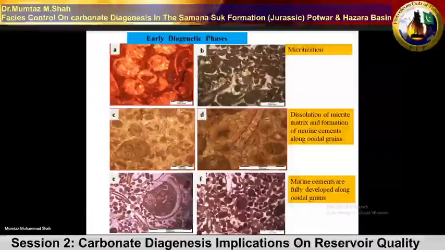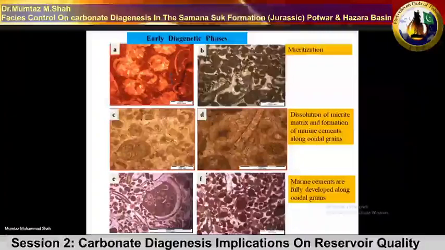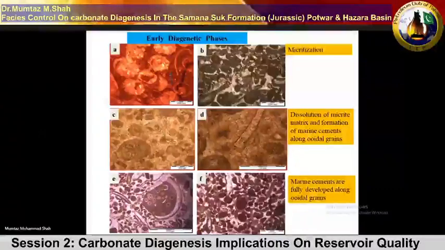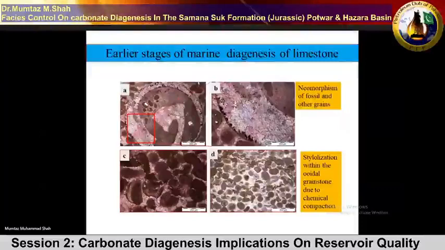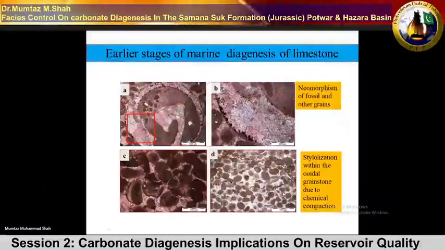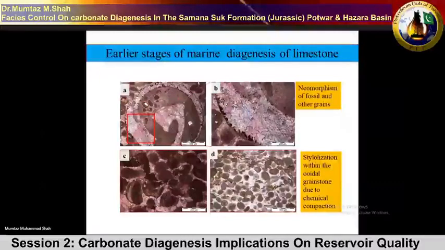Then some marine cementation can be observed in the lower part of these photomicrographs. Then we have neomorphism, some early stages of marine diagenesis. We can see stylolites are typical in such limestone successions. We can see multiple sets of stylolites, and how this particular stylolite is cutting the ooidal grainstone facies over here.